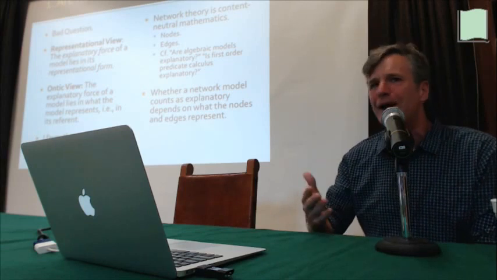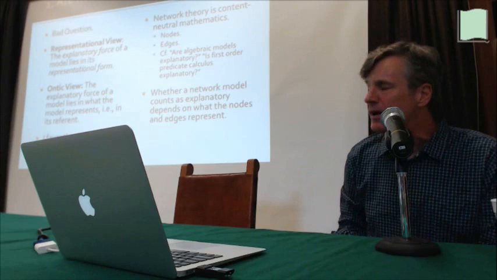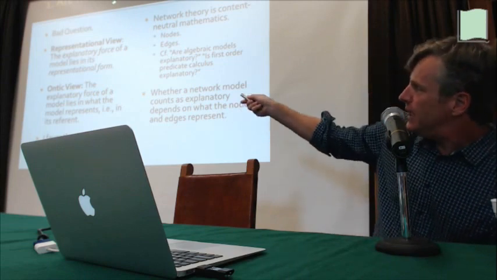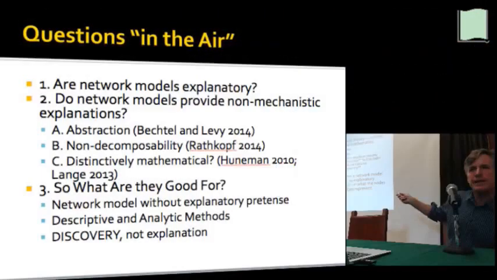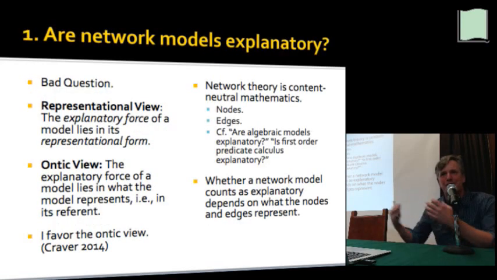So I think the question, are network models explanatory, is a bit like asking, are algebraic models explanatory? Or is first-order predicate calculus explanatory? Or is calculus explanatory? The answer is, it depends on what the calculus is being used to describe. It depends on what the network analysis is being used to describe. It depends on what the nodes are and what the edges are.